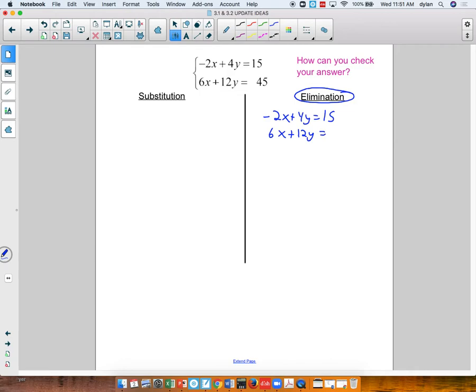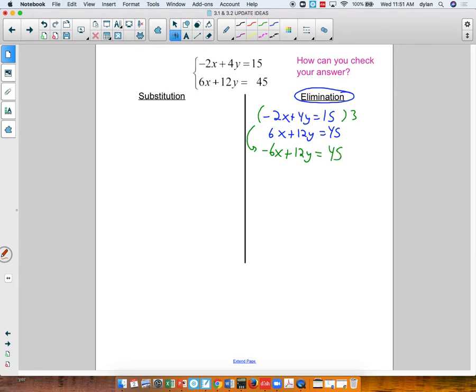And what I notice here is I can't immediately add or subtract because none of the variables will cancel themselves out. So the first thing I need to do is multiply so that I can get rid of one of the variables. I'm going to try to get rid of x in this case, so I'm going to multiply by 3 so that my equation becomes negative 6x plus 12y equals 45.